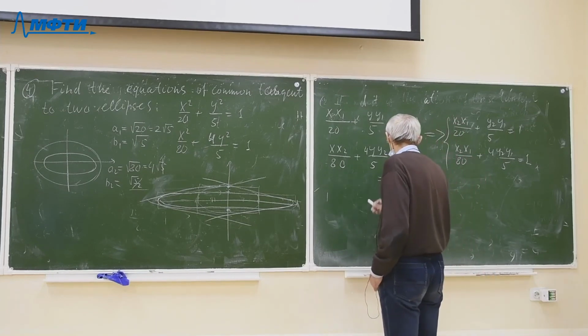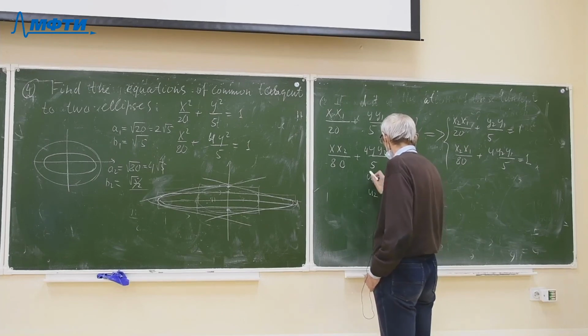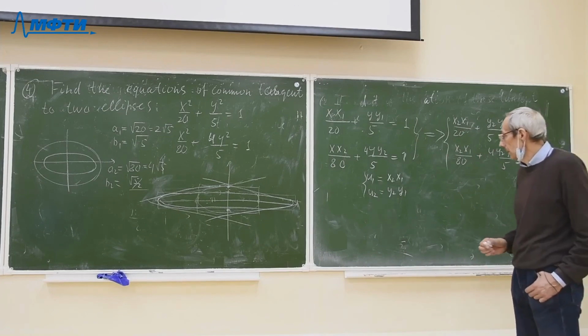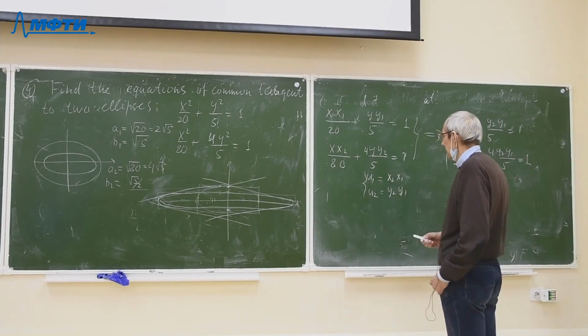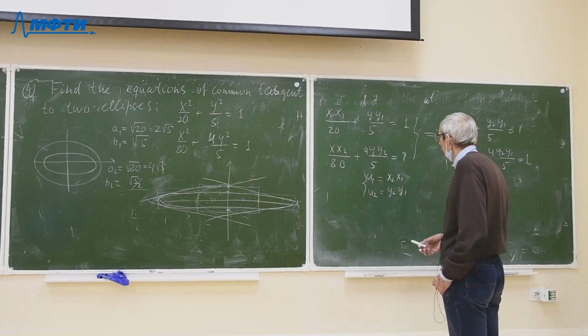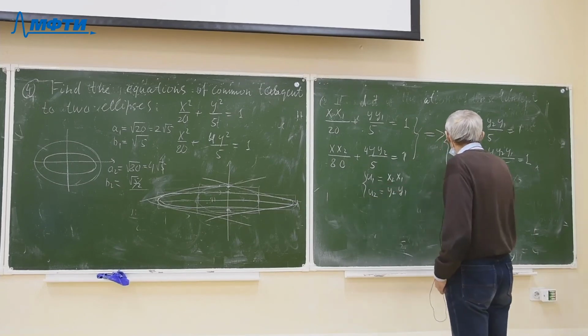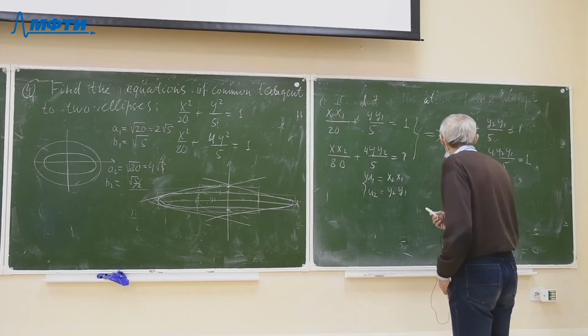Let's denote these u1 and u2. We have new unknown variables and a linear system, and we can define these values by solving this linear system.